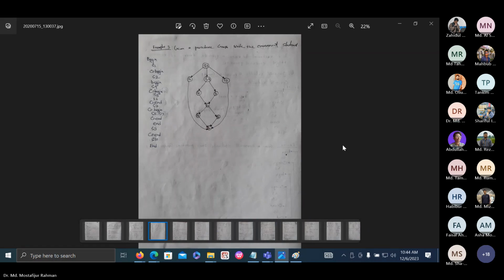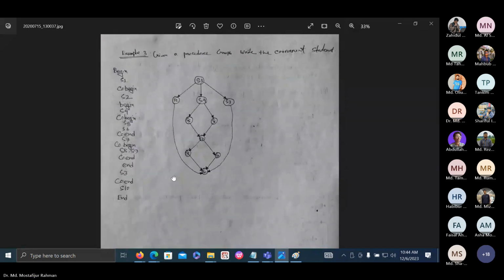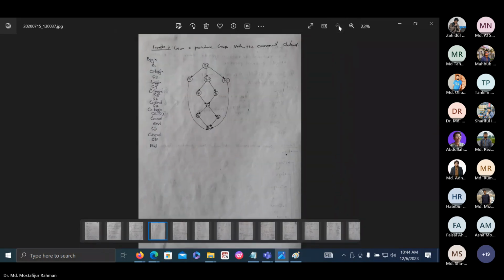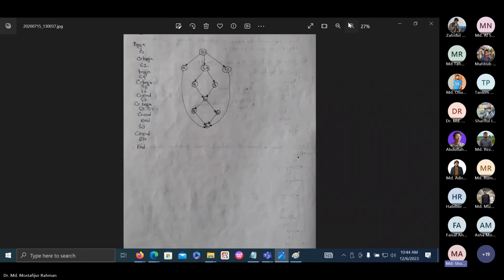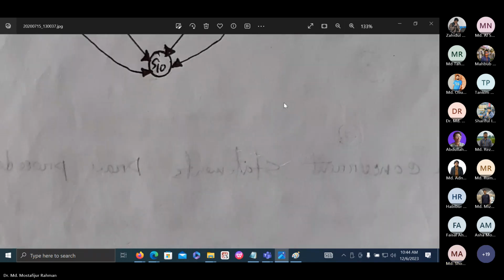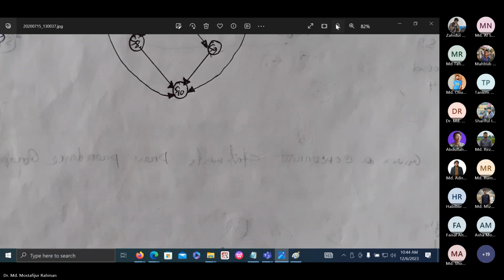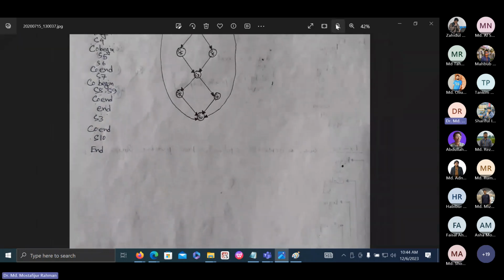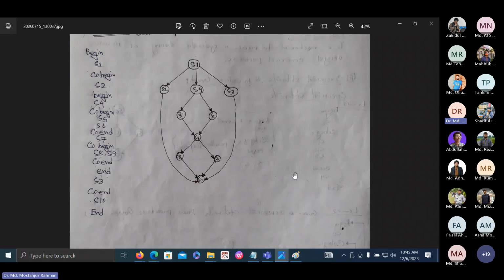So you have to try this graph also. You will try yourself. If you don't understand, you can let me know later.